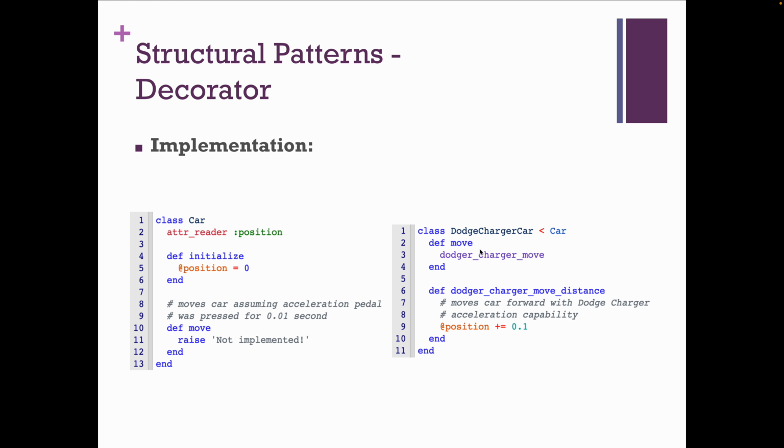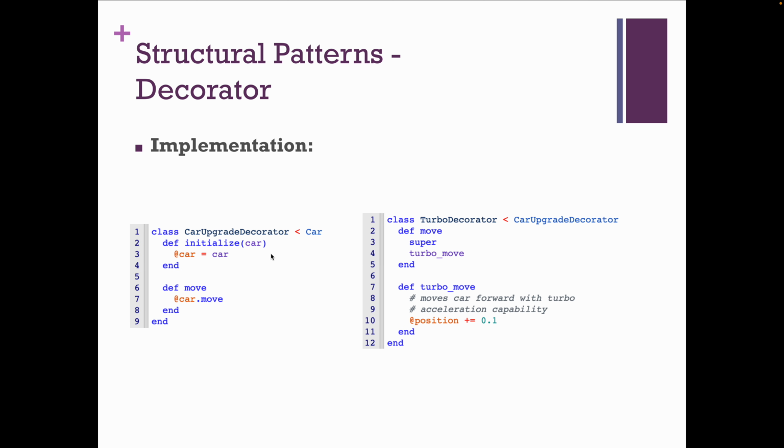So it'll move 0.1 miles only for a Dodge Charger car, but if you add the turbo decorator, it's going to double it. It's going to call super, meaning move with the basic engine, and then do the turbo move on top of that. So it'll add one more 0.1 to the position. That means it moved double, like doubling your acceleration.